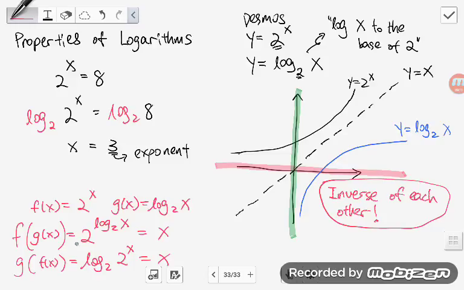They kind of cancel out. You can think of this as canceling out, that's gone and that's gone. But because they are inverses, they actually undo each other. So we will always get this x.